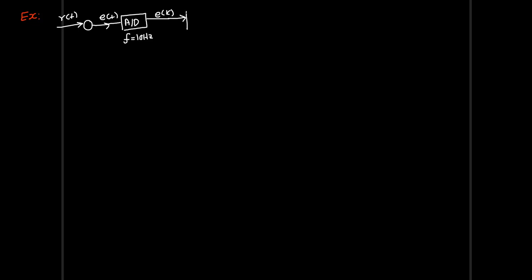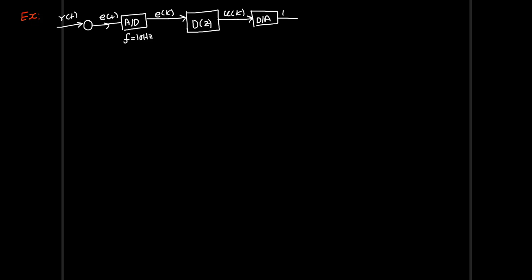Now let's assume we have a digital filter or digital controller which is D of z. So this will be U of k. Now let's assume we are using a digital to analog converter.